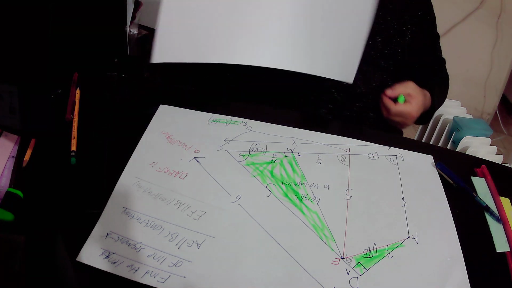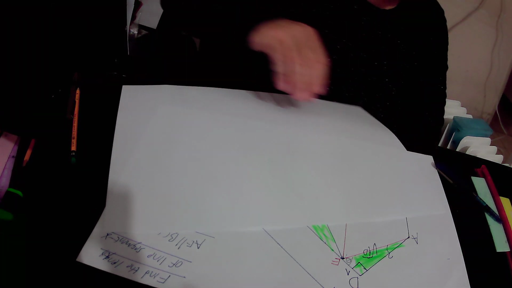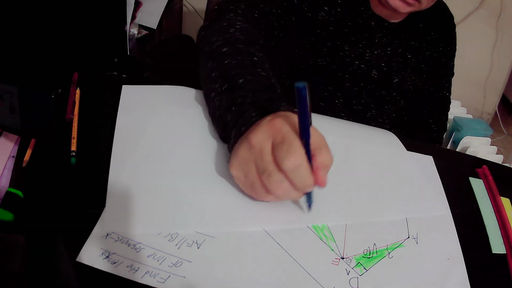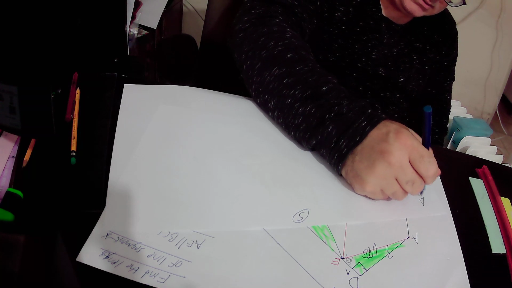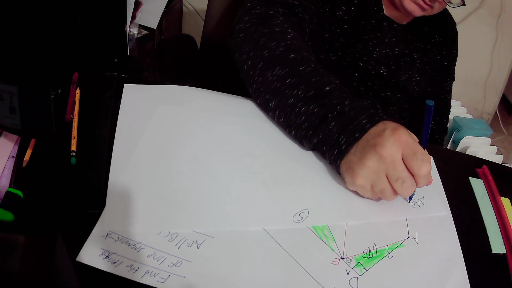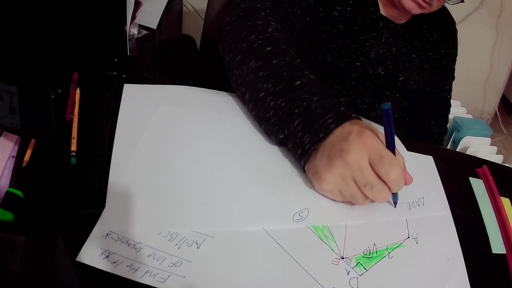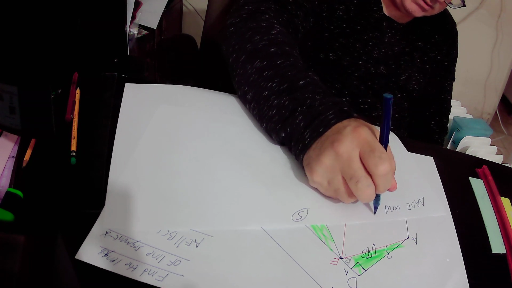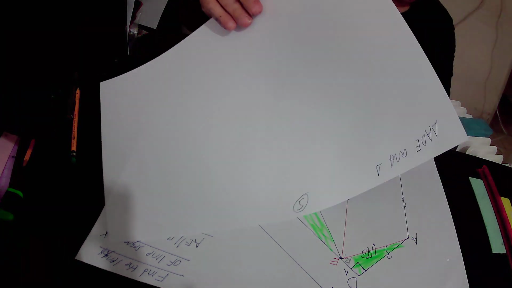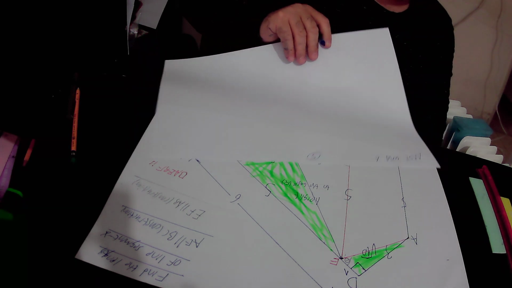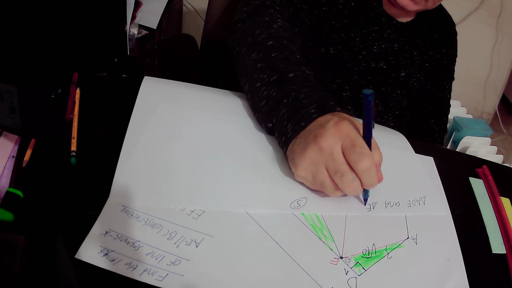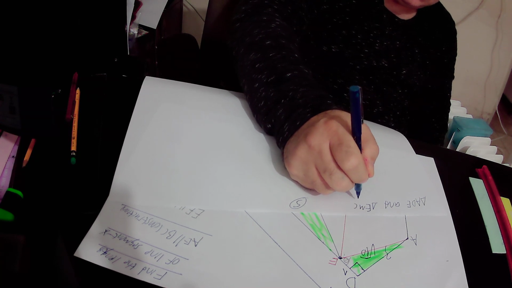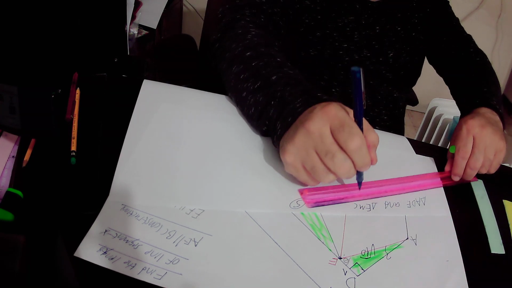I'll write it down. We'll focus on triangle ADE and triangle EMC, and we'll prove that those two right green triangles are similar to each other.